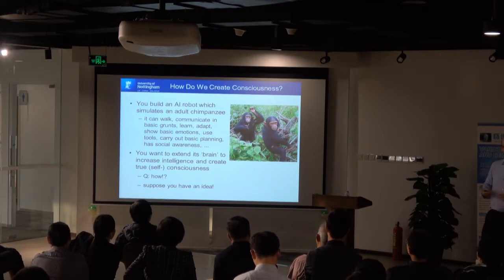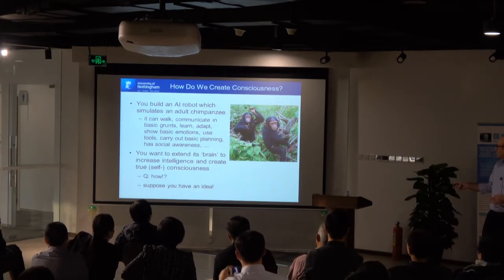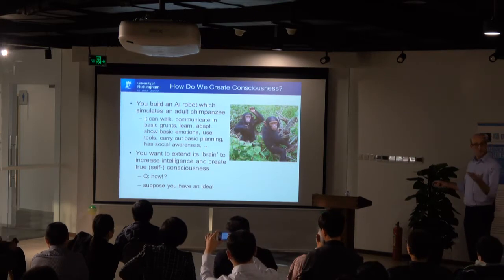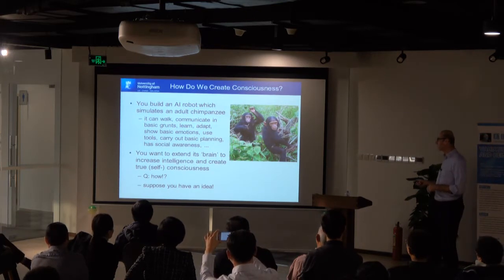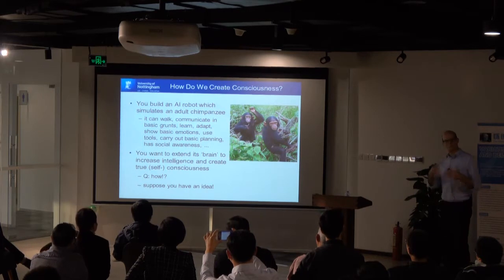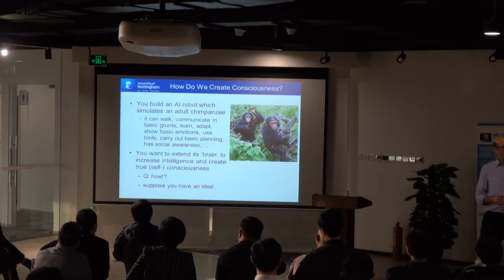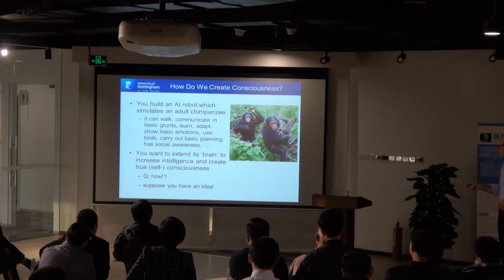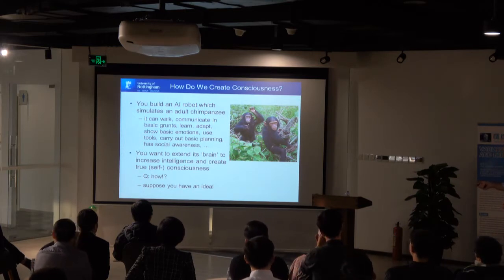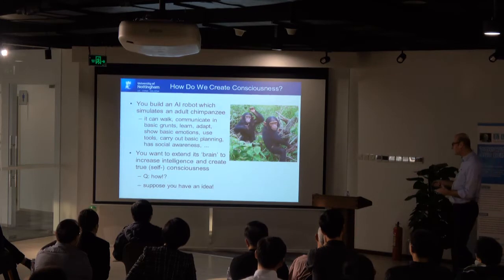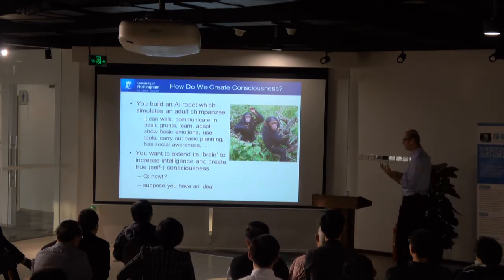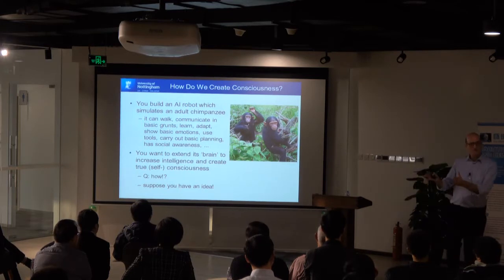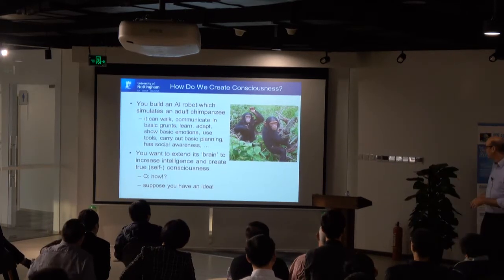Adult chimpanzees can walk, communicate, learn, show emotion, carry out basic planning, and have social awareness. They're pretty good functioning things with a lot of attributes which we say are intelligent. And you want to extend its brain and create true self-consciousness, to move from a chimpanzee level of intelligence to a human intelligence.